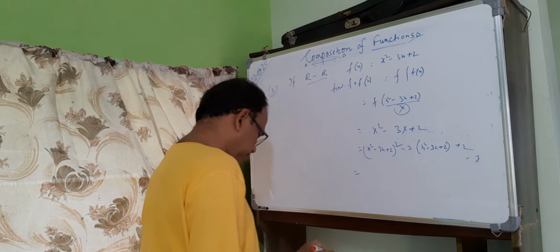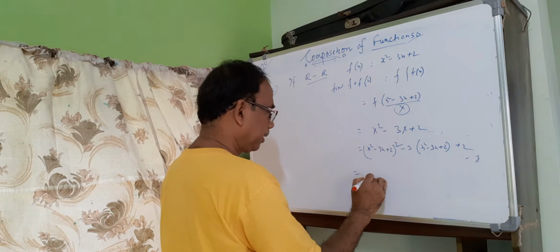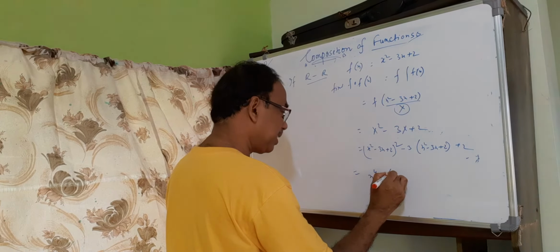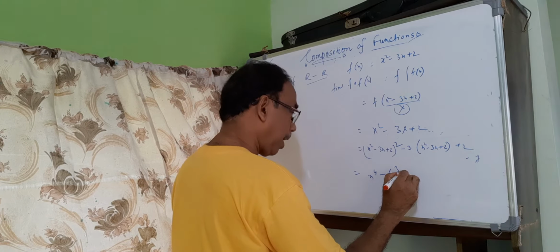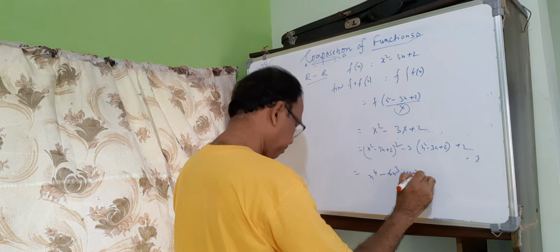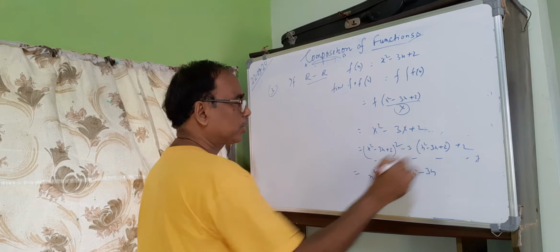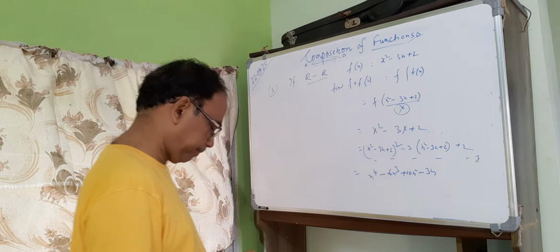If we break this we get x to the power 4 minus 6x cube plus 10x square minus 34x. After simplification, that is the final answer.